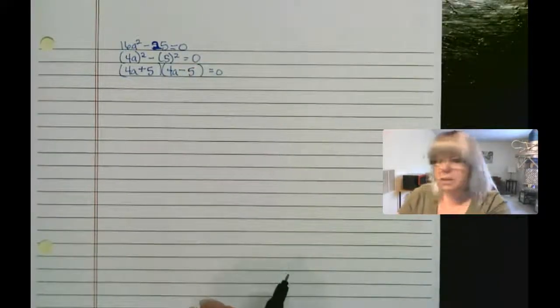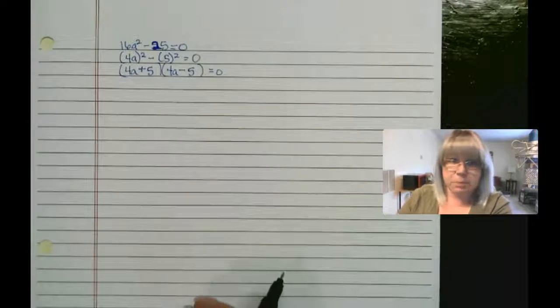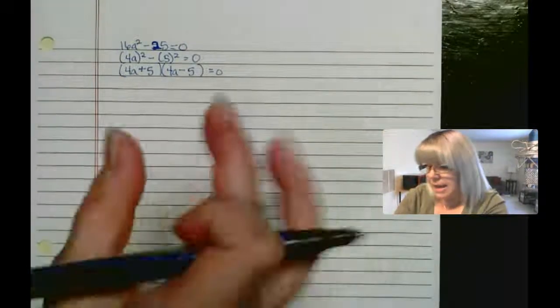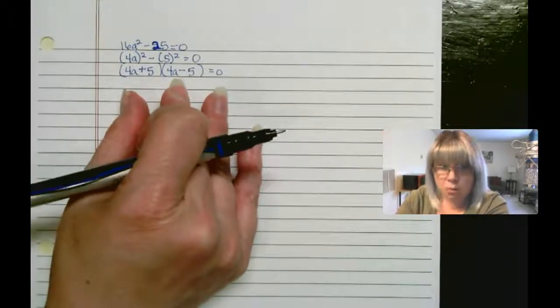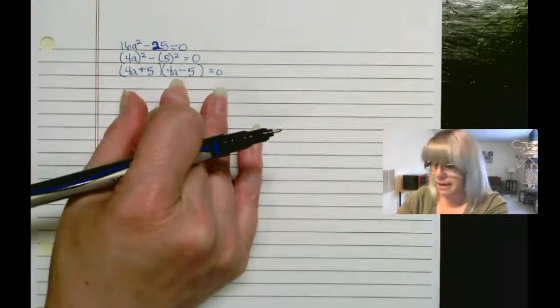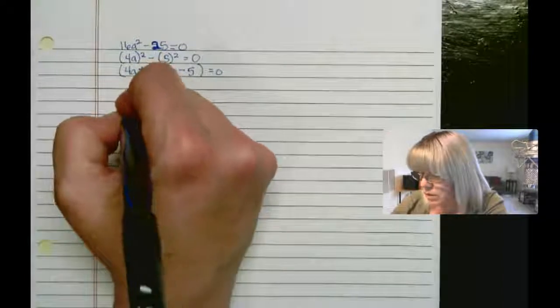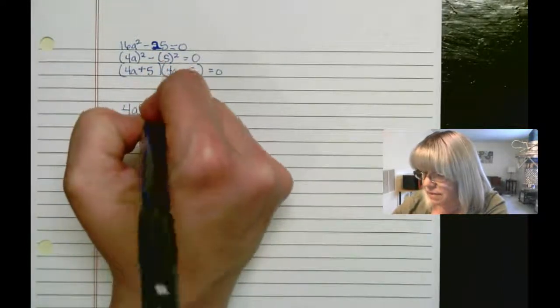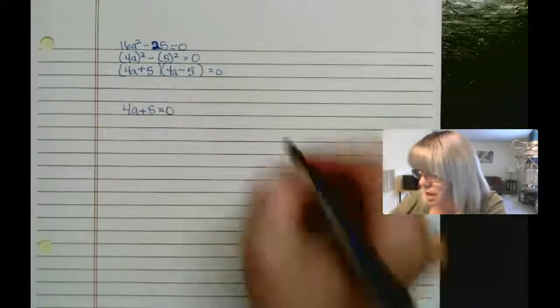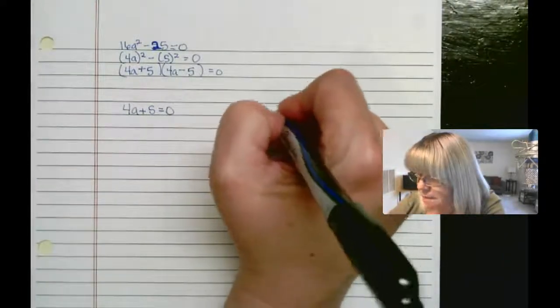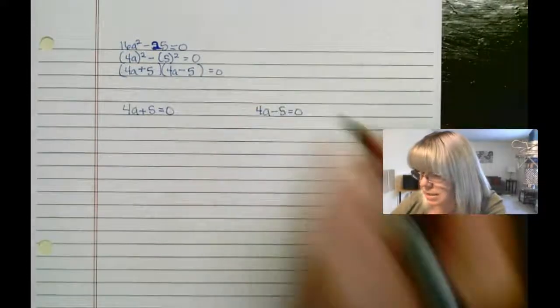Yay, we love our formulas that we can quickly fill in the blanks. Now, I'm going to break this problem apart into smaller problems to solve this big thing. The first one I want to do is 4a plus 5 equals 0. This is our zero factor property. And 4a minus 5 equals 0.